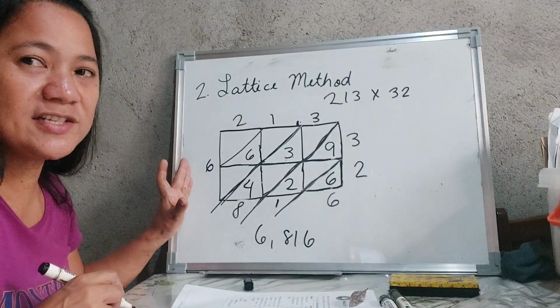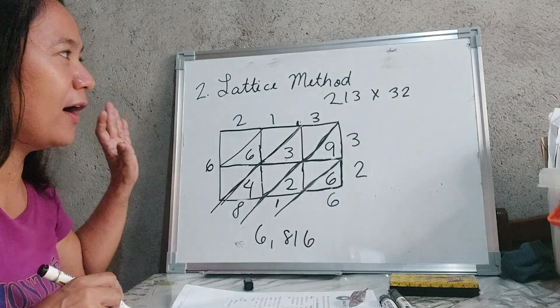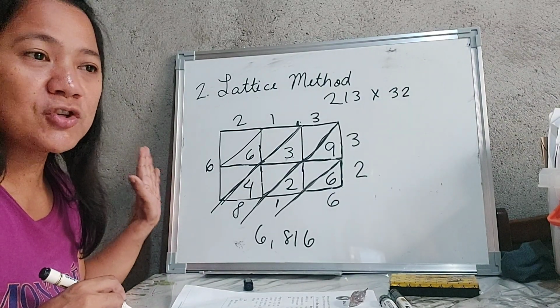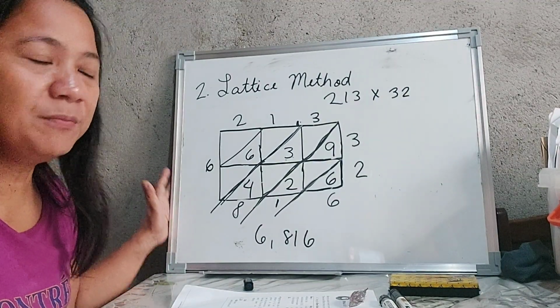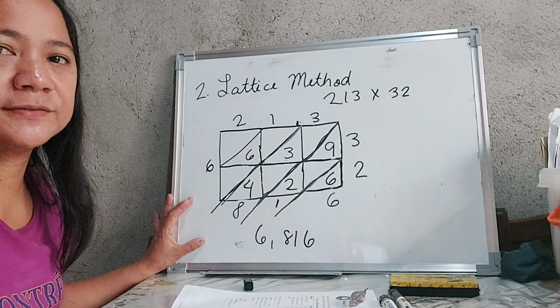Di ba kamukha din siya, yung final product natin, kamukha din siya noong nakuha nating answer doon sa short method. Magkaibang method, but in the end, meron silang parehong final product.